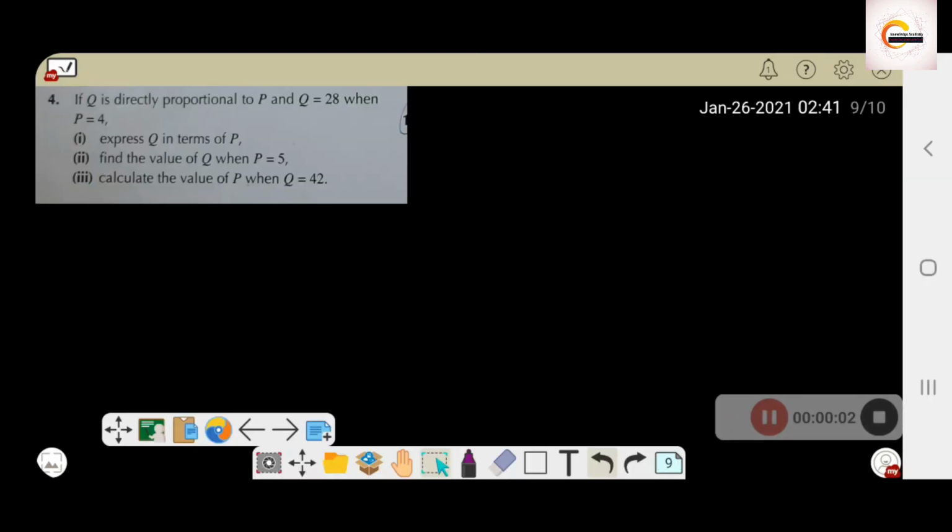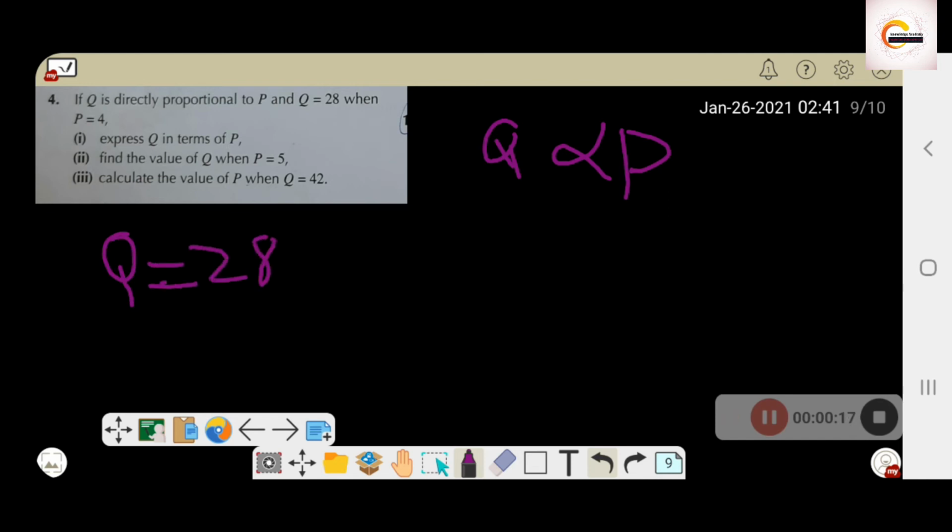Question number 4, if Q is directly proportional to P, and Q is equal to 28 and P is equal to 4.